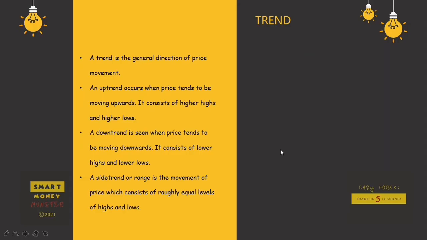Now, one thing you want to know as a forex trader that is very important is trend, right? What is a trend? A trend is the general direction of price movement. Now in forex, if you don't hear anything again in this lesson, just hear this please.